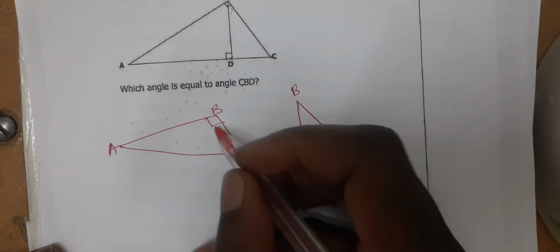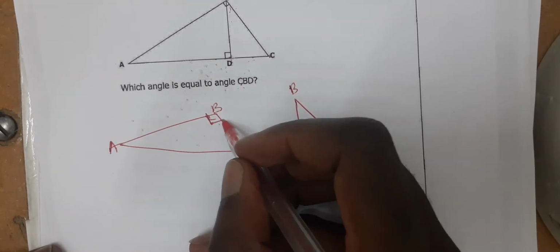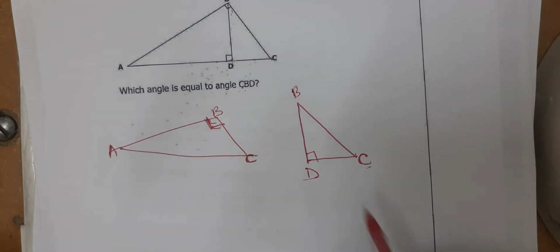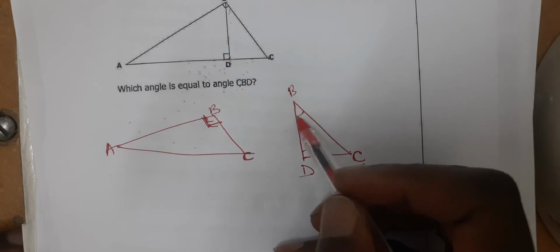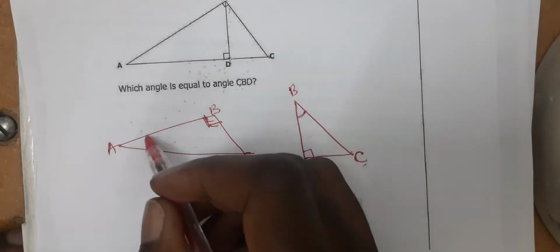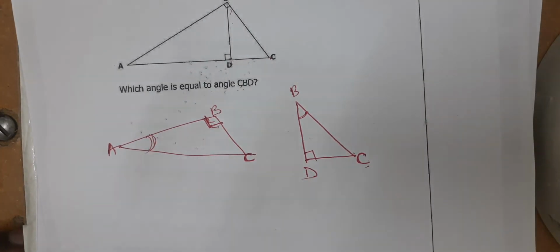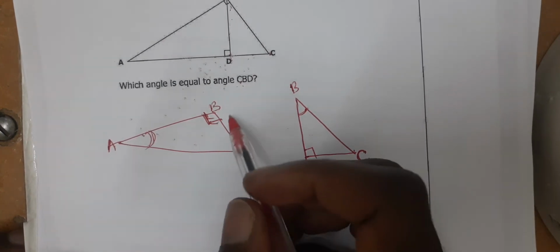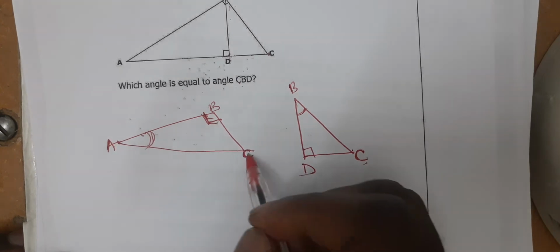So when you look at this side here, the angle that is equal to this one on this triangle will be this angle, isn't it? That's the angle that will be equal to this one. So what is this angle? This angle is BAC.